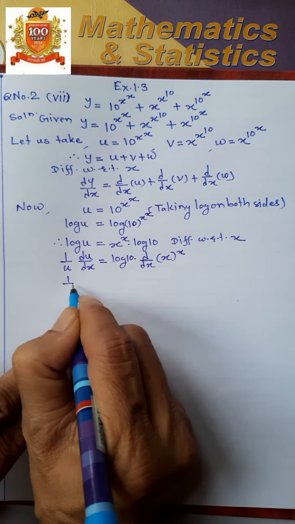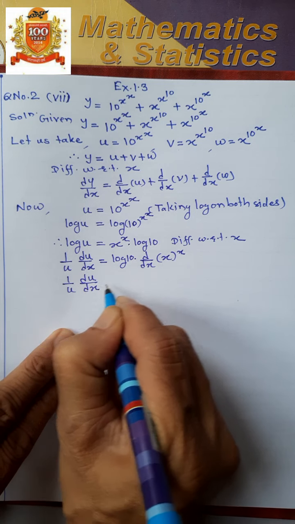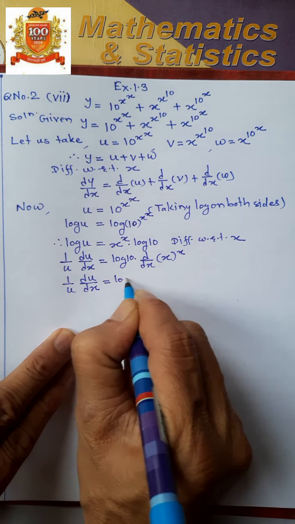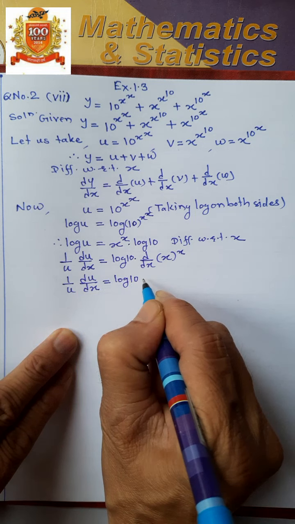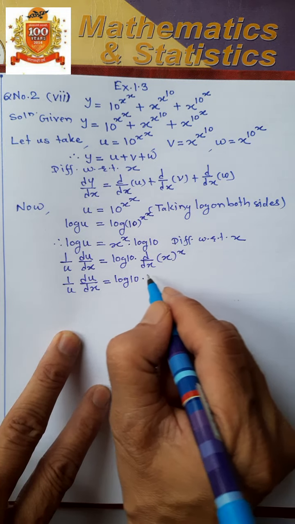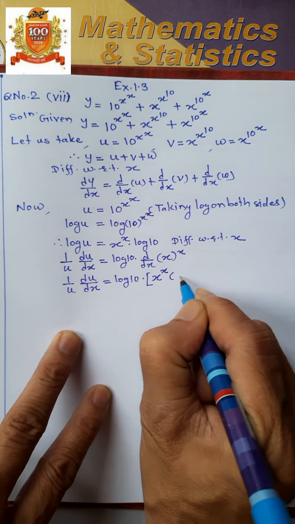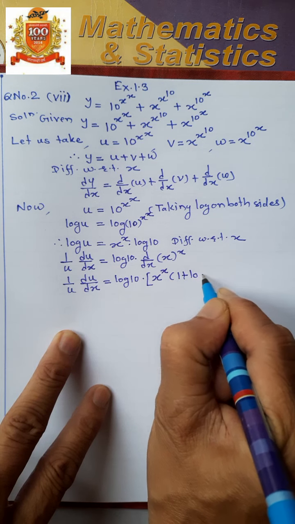That is, 1 upon u du by dx is equal to log of 10 into, we know the derivative of x raised to power x is x raised to power x in bracket 1 plus log of x.